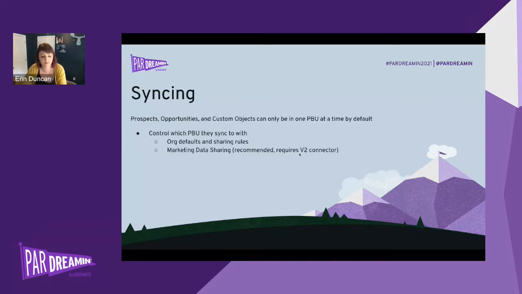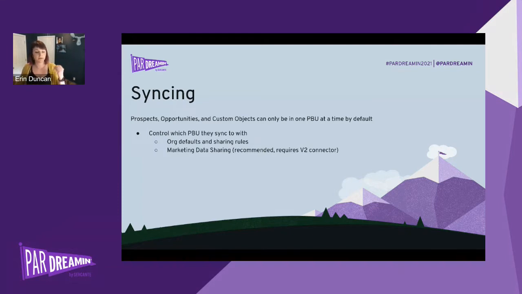All right, let's talk about how prospects sync with PBUs. This part is a little confusing, but prospects, opportunities, and custom objects can only be in one PBU at a time by default with the typical implementation. And you can control this in two different ways. You can use org defaults and sharing roles.